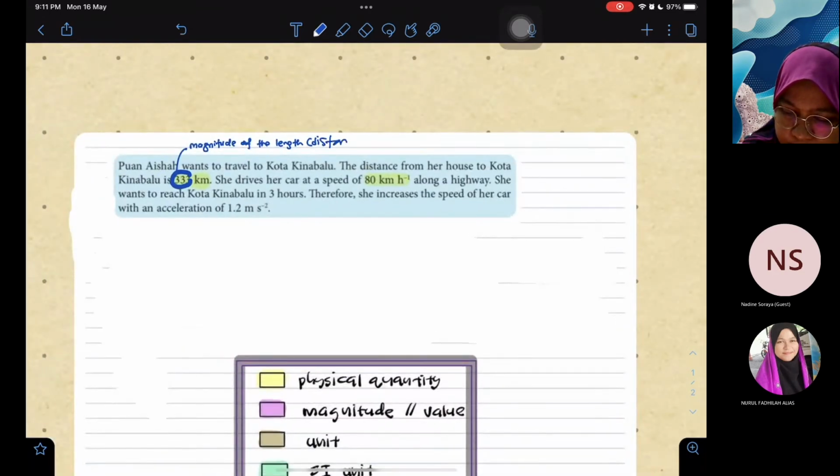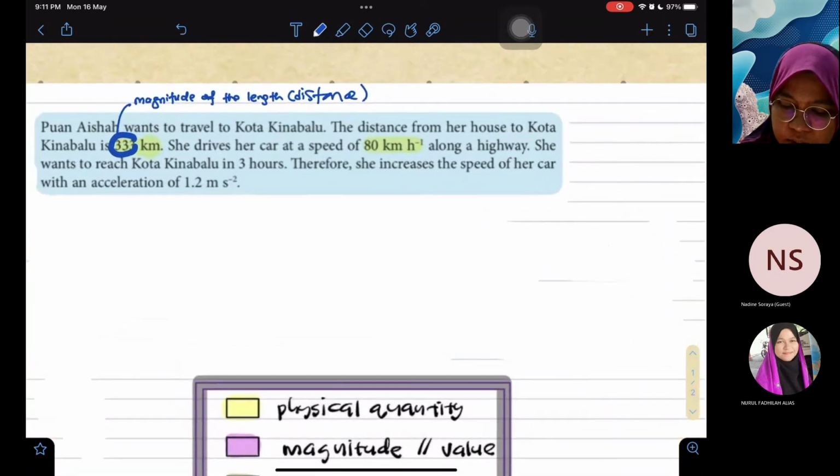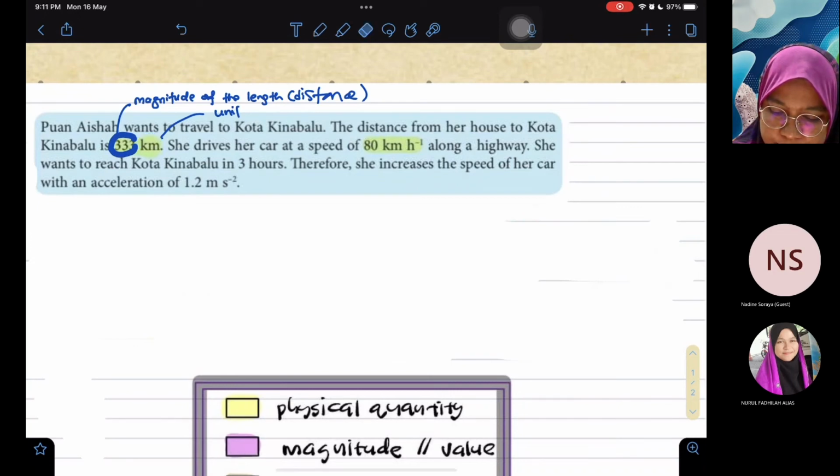So kat situ magnitude tu apa? And then kilometers tu okay, adalah unit dia. Actually bukan dua-dua lah kan. Meter tu sahaja dia punya unit. Kilo ni adalah prefix. Boleh tak?